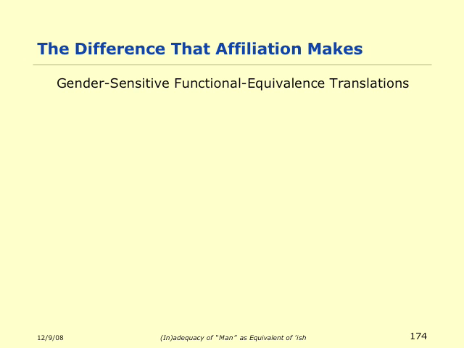To suggest the extent to which cognizance of the affiliative sense of ish can affect translation into English, we can make a quick comparison of three gender-sensitive idiomatic translations. In the book of Genesis, the noun ish occurs in the singular 108 times.